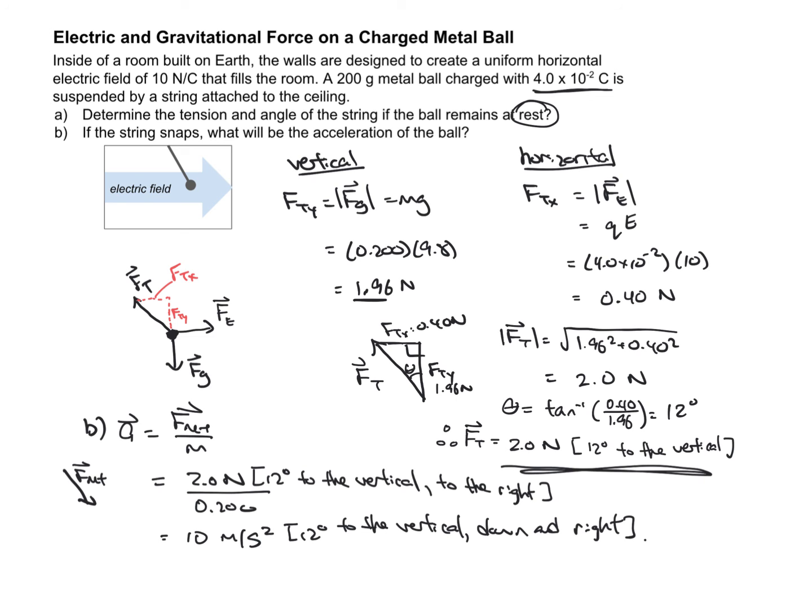Okay, so it's going to fall, but it's not going to fall straight down. It's also going to go towards the right a bit because of the electric field. If there was no electric field, it would just fall at 9.8 meters per second squared. But because it's also being pushed to the right, it adds a little bit to the acceleration. It goes up to 10.